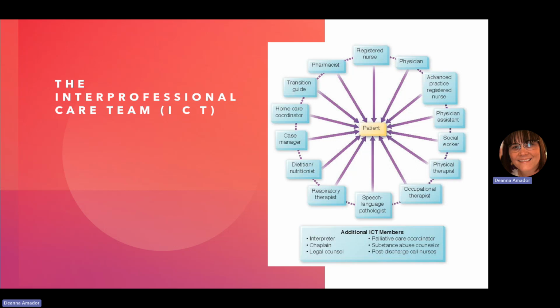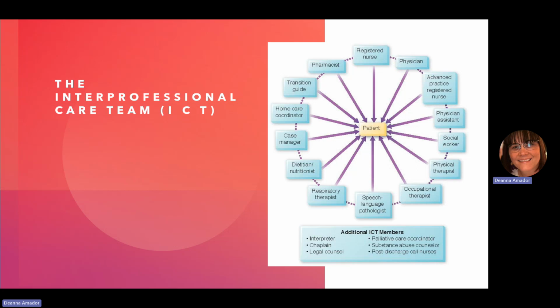At the bottom of that slide, it says additional interprofessional care team members, and even goes on to talk about chaplains, palliative care coordinator, substance abuse counselor.